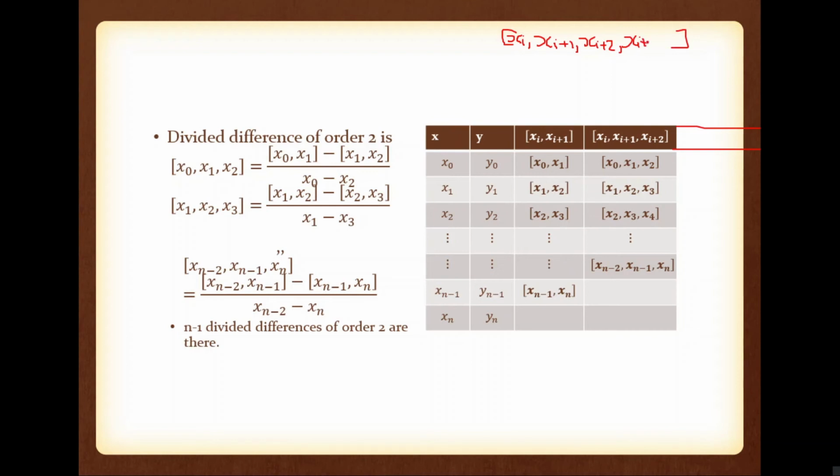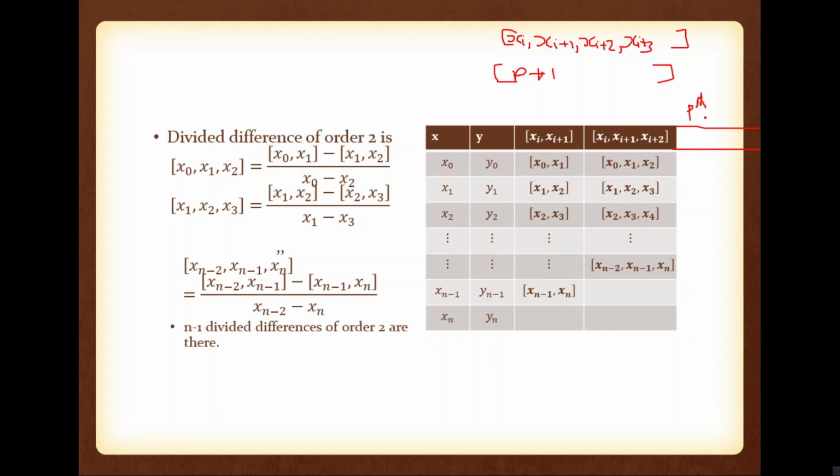So please note, for the pth order divided difference, a square bracket is used, and inside the square bracket p plus 1 adjacent elements are there. For the pth order divided difference, p plus 1 adjacent elements are there.